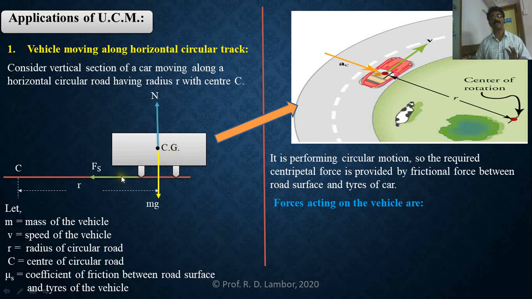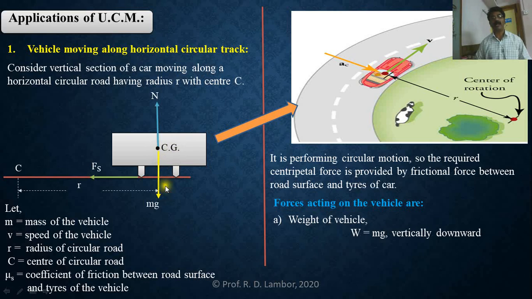That means three forces are there. First one, definitely, is the weight of the vehicle, which always acts vertically downward. It is the first force acting on the vehicle through the CG, and it acts vertically downward.